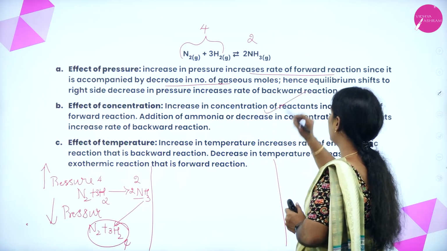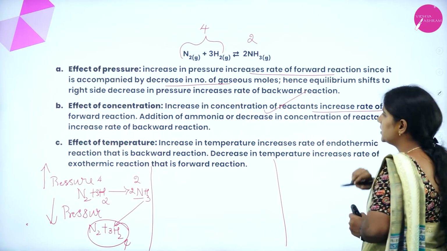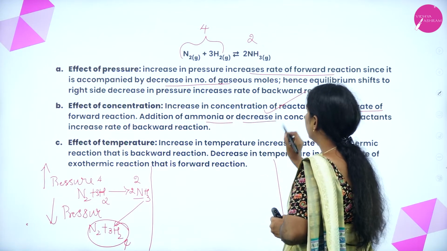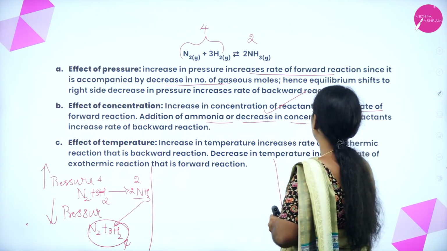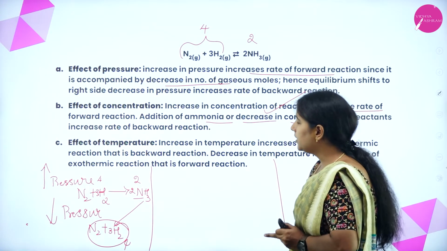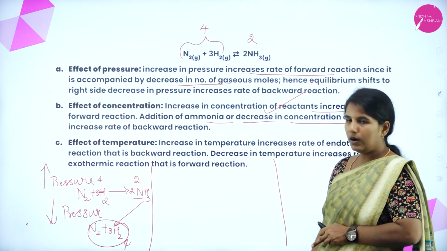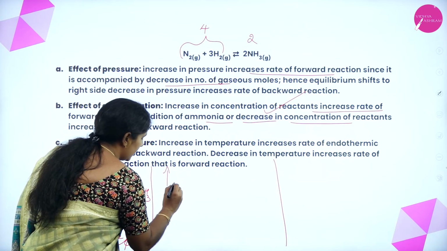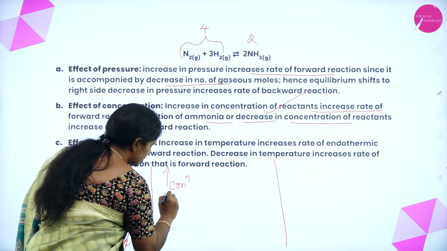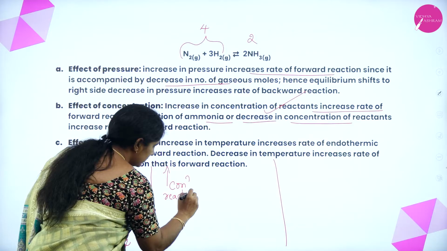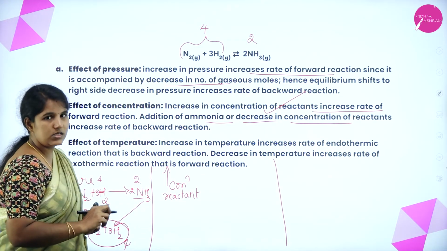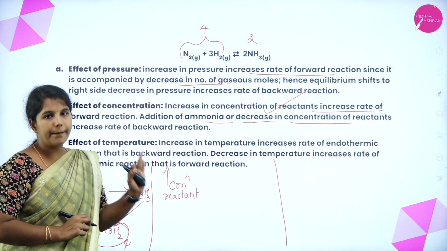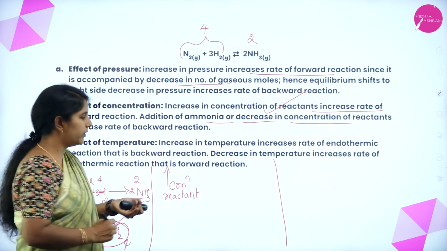The increase in the concentration of the reactant increases the forward reaction. The addition of ammonia, which decreases the concentration of the reactant, increases the rate of the backward reaction. So what I mean is, if I increase the concentration of the reactant so that it forms product, it favors the forward direction.